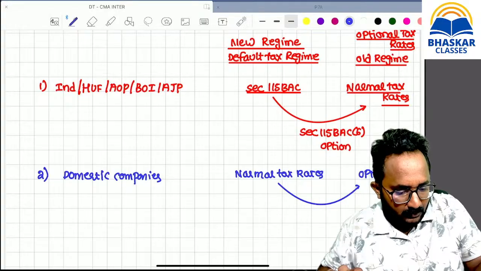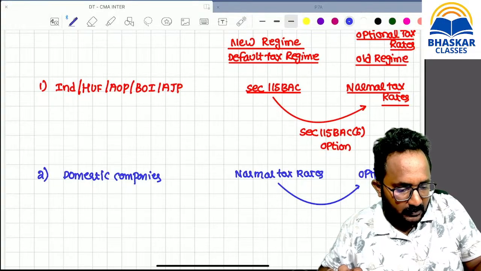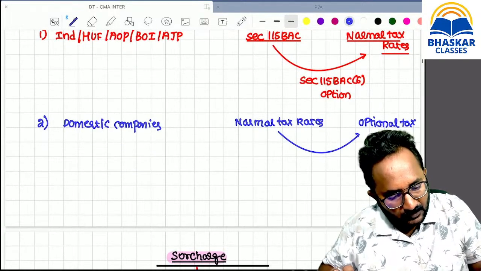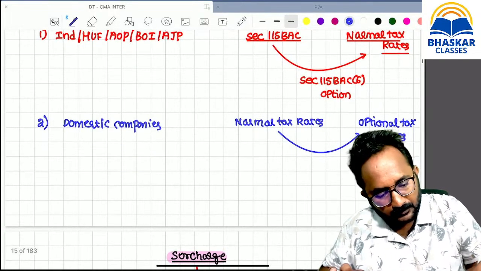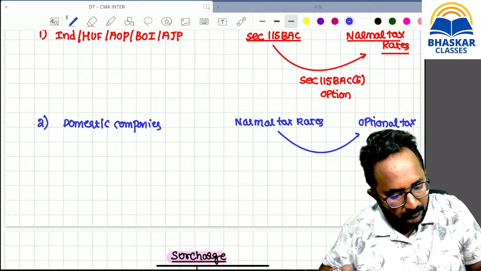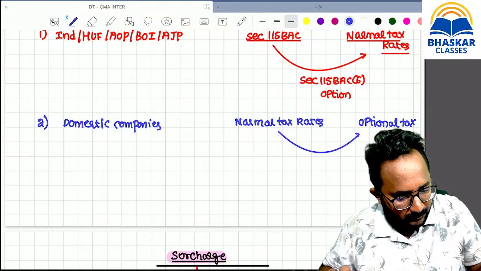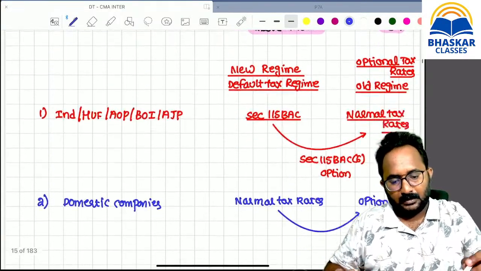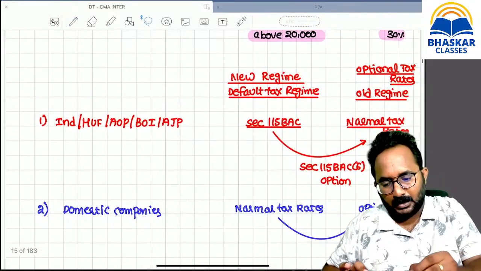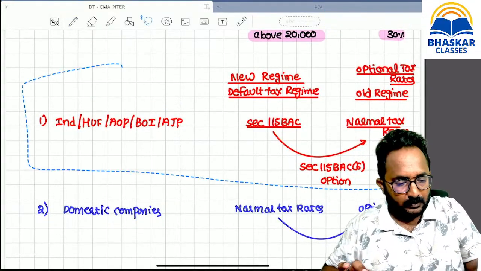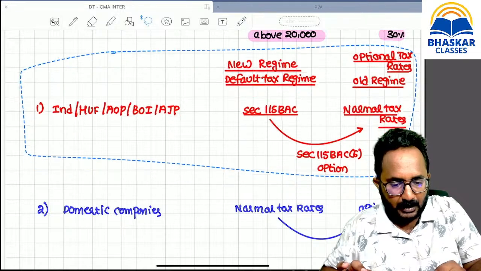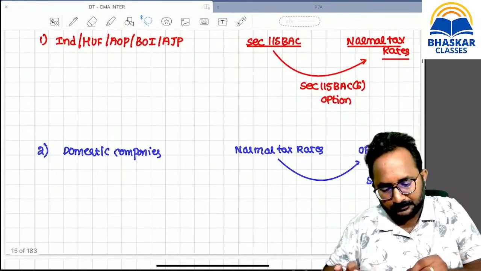What are the optional tax rates? Section 115BA, 115BAA, 115BAB. These things you have to remember in your exam also.